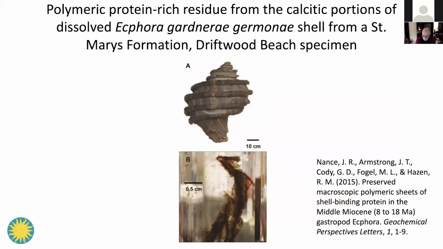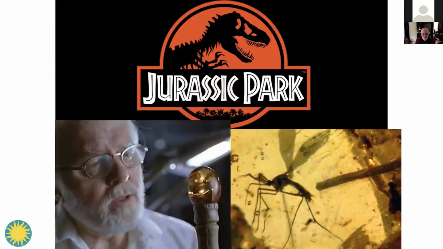Jurassic Park was science fiction 30 years ago, but oftentimes the science fiction of the past eventually turns out to be scientific truth. And maybe 20, 30, 50, 100 years from now, we're going to be able to figure out how to characterize, how to identify the biomolecules that are present in that soft tissue that Mary and many others now can isolate from dinosaur bones.